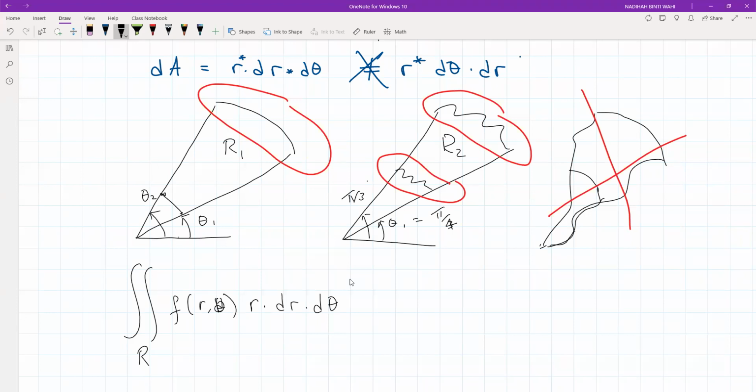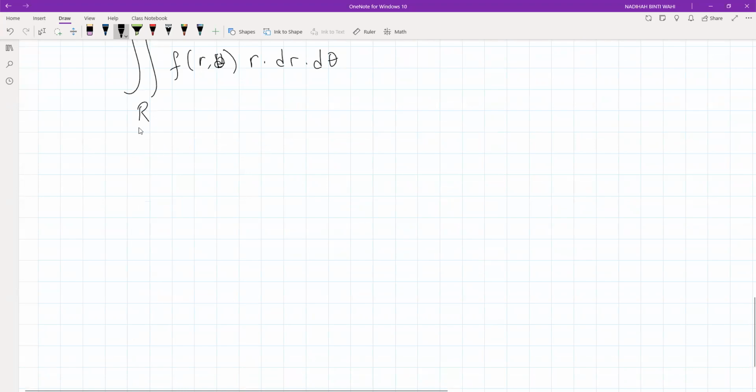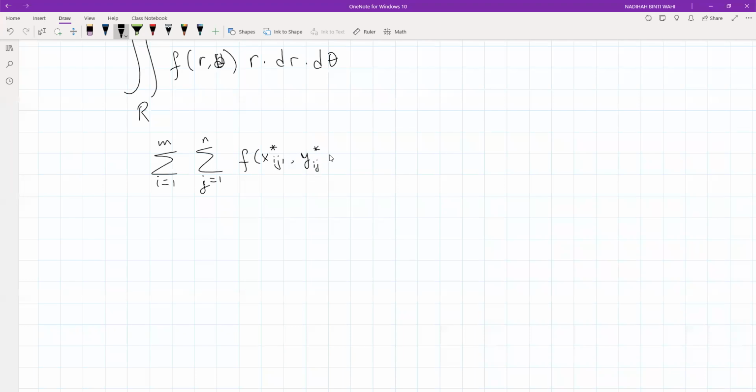Okay, sama juga kalau kita buat dengan Riemann sum. Kalau saya buat dengan Riemann sum, benda yang sama apply. So this is the Riemann sum for Cartesian coordinate, i equals 1 to m, j equals 1 to n, f(x_ij star, y_ij star) dA_ij.